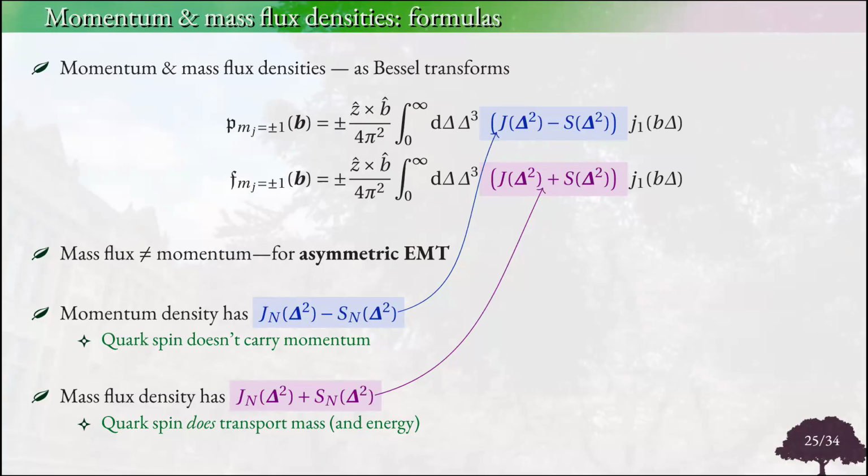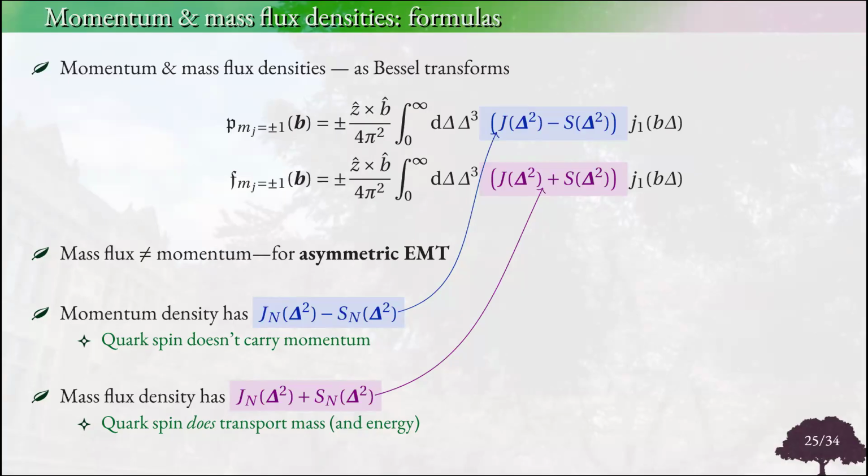The reason behind this is that when you use the asymmetric EMT, you are considering the quark spin to carry mass flux. So there's some sort of mass or energy that's spinning around, but you don't consider this flux to carry momentum. It's a bit of a peculiar thing. If you don't like it, you can use the symmetric EMT as well.